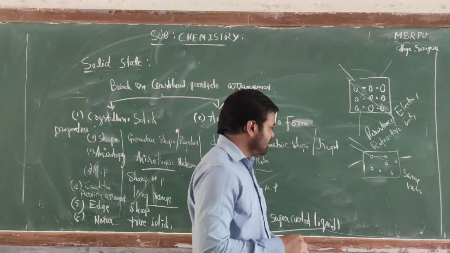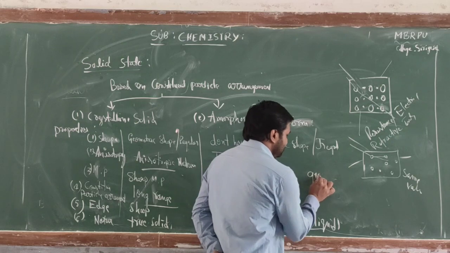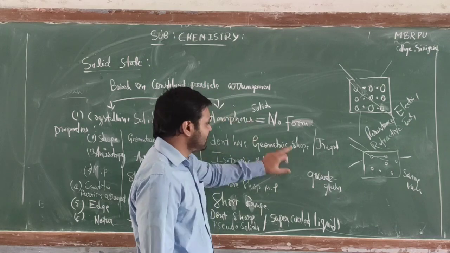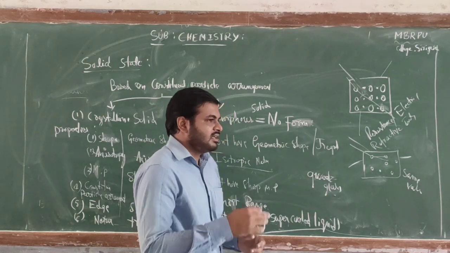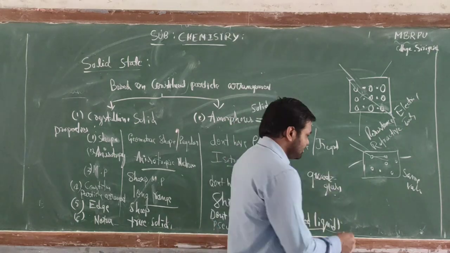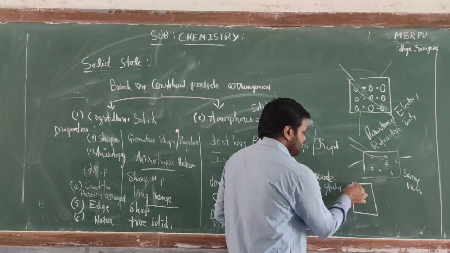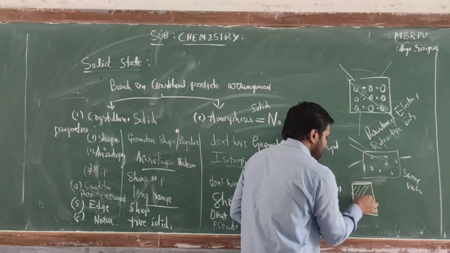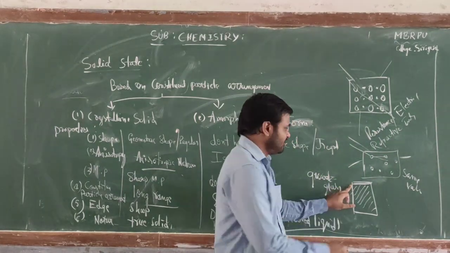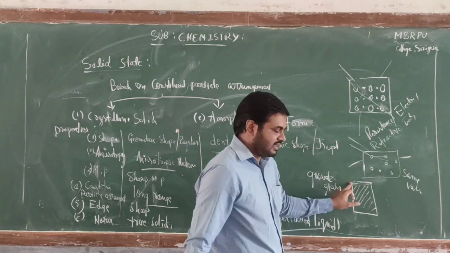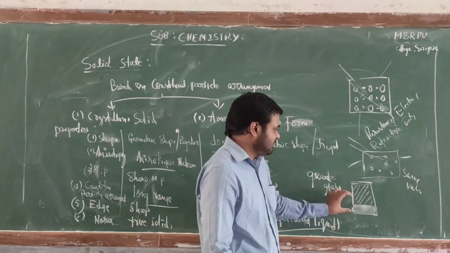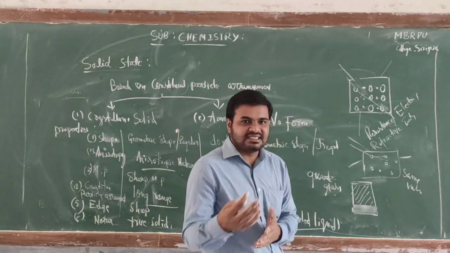This is the main point. See here, quartz glass is one example. You already know that one example of amorphous is glass. Do you observe in old buildings, the glass in the windows? See here, at the top it is very thin, and the bottom part is very thick. ಥಿಕ್ ಆಗಿರುತ್ತೆ, thin ಆಗಿರುತ್ತೆ. What's the reason?